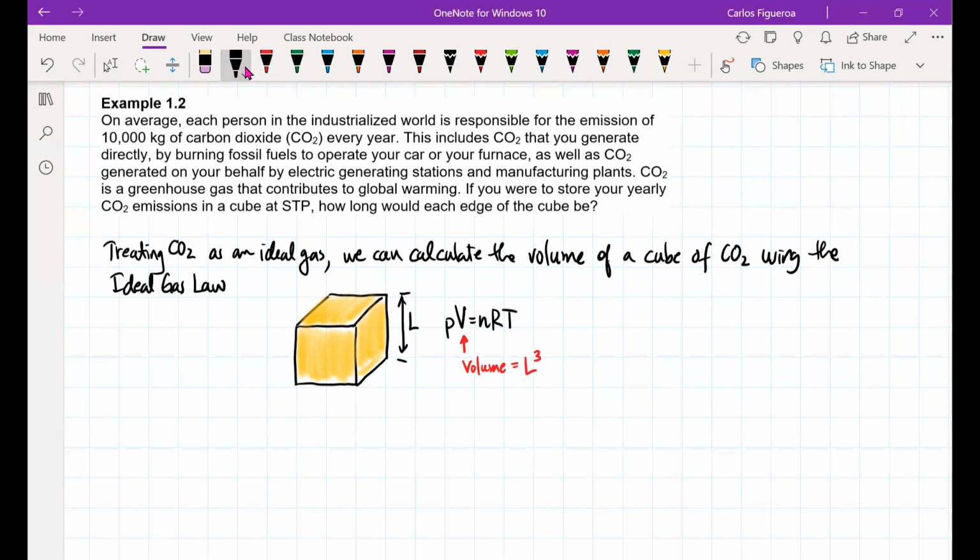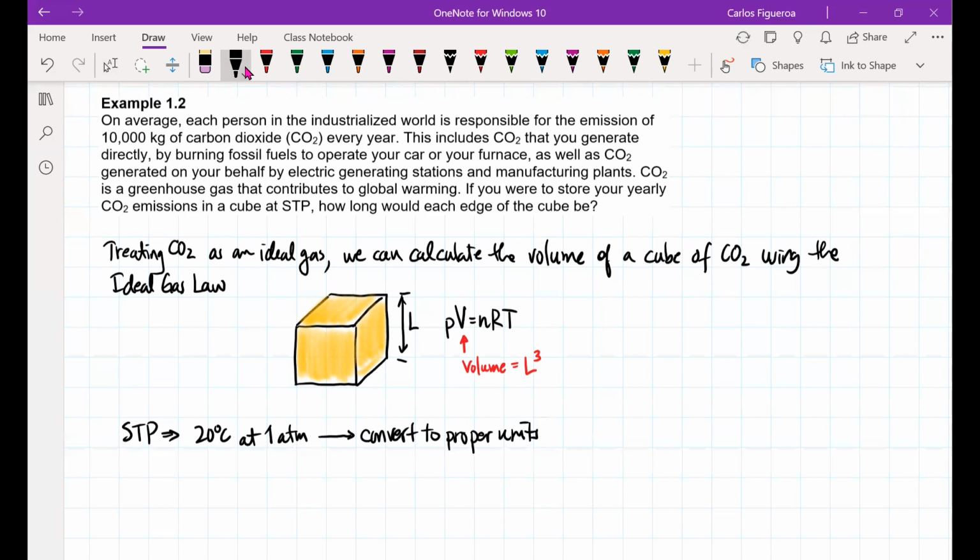And you could see by looking at this, we know everything but the number of moles. So standard temperature and pressure immediately implies that we're at 20 degrees C at 1 atmosphere. But that's not proper units, so I need to convert to proper units.